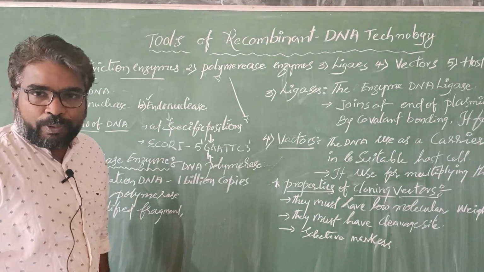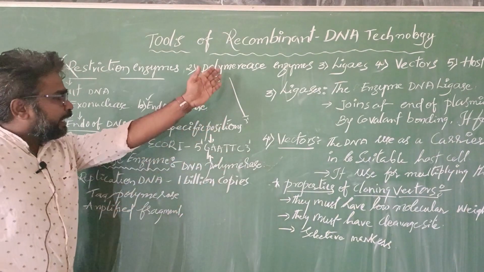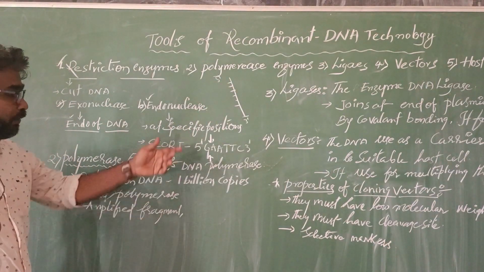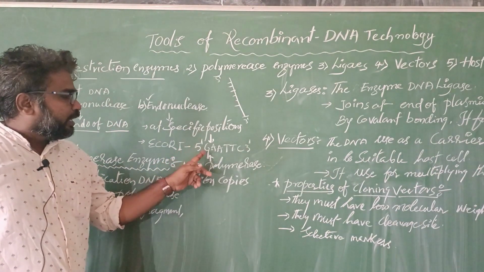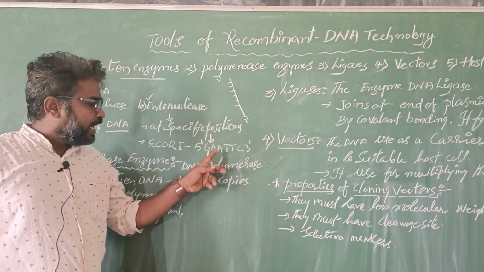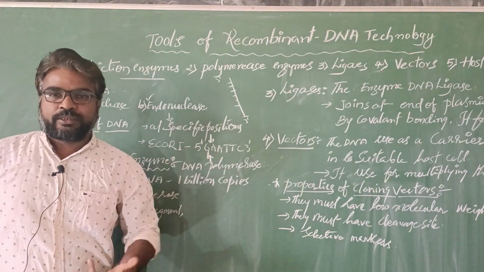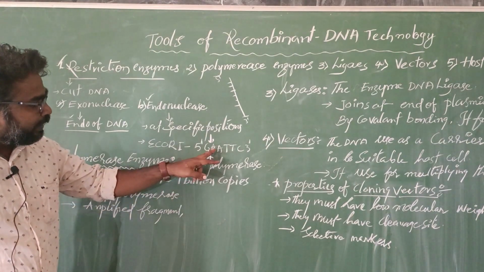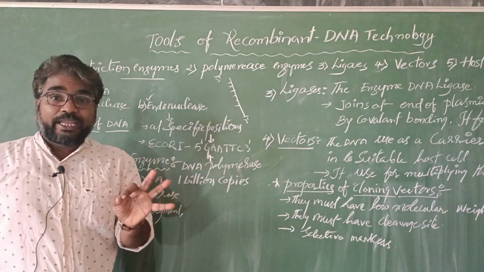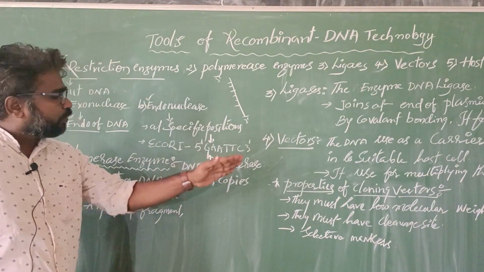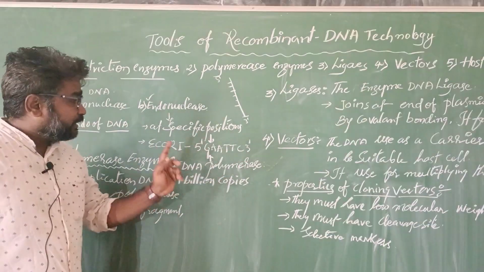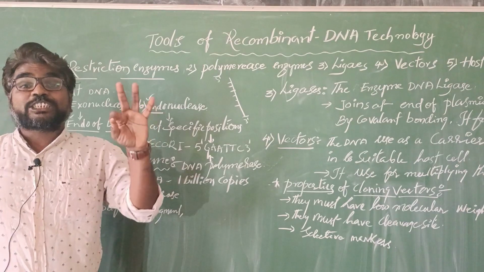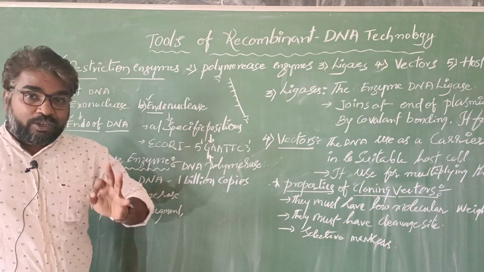Endonuclease means, as we already know, DNA consists of different types of sequences, like A, G, A, T, A, C. These nucleotides contain nitrogen bases. Endonucleases cut DNA at a specific site.